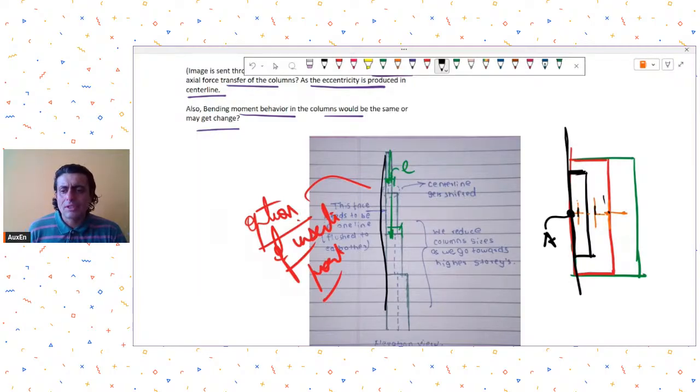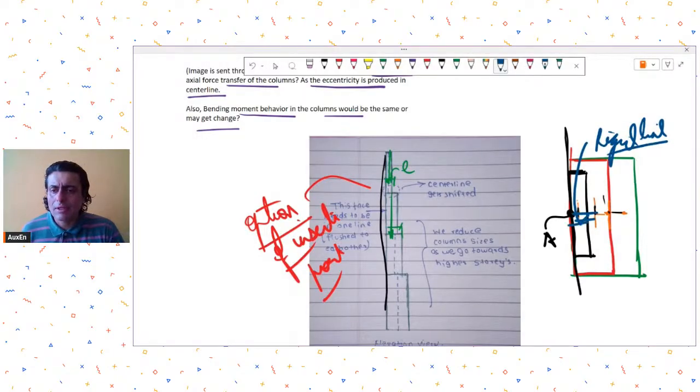Automatically the eccentricity will be developed, and then to include that eccentricity you can use what is called a rigid link. You can model it as a link element, as a horizontal element like this. And similarly for the bottom floors, you will have a rigid link like this.